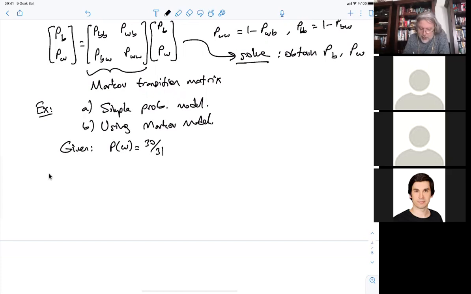So probability of white is 30 over 31, which means a majority of the pixels are white. It may be like this textual image that you see on the screen. A majority is consisting of the background white paper background, and therefore the probability of black will automatically become 1 over 31.